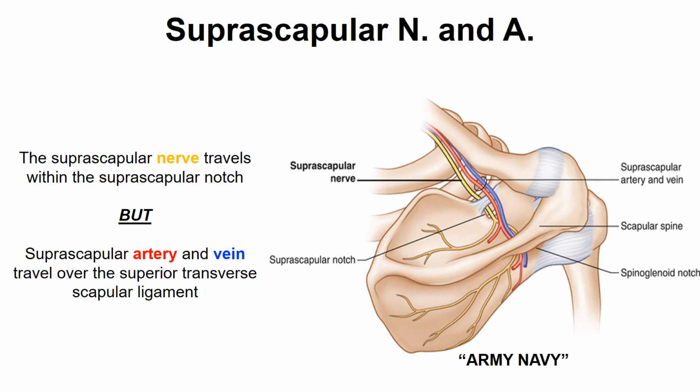One way that you can remember this is Army over Navy. So Army, artery goes above, Navy is going to go below because they're in the water, if that helps. So suprascapular nerve goes inferior to the superior transverse scapular ligament, while the suprascapular artery and vein go superior to that ligament. That'll be very important in lab and lecture.